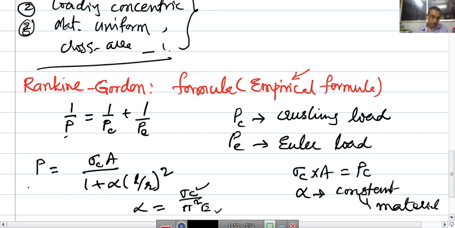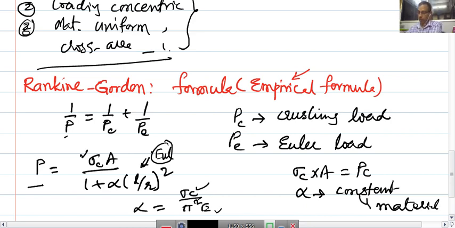So, Rankine takes care of sigma C crushing as well as L by R, the slenderness ratio, which is Euler's. So, he has taken care of one of the important limitations that Euler has.